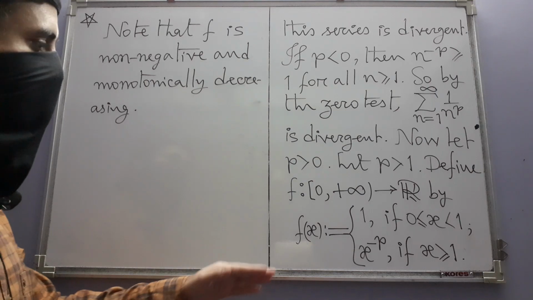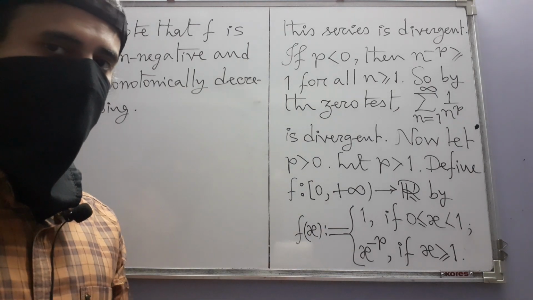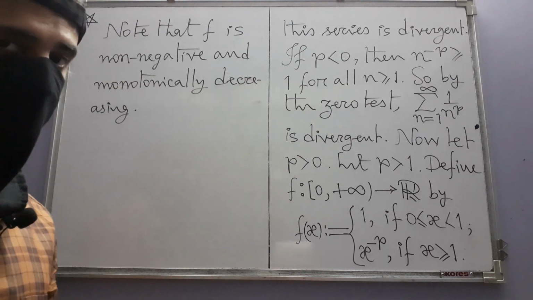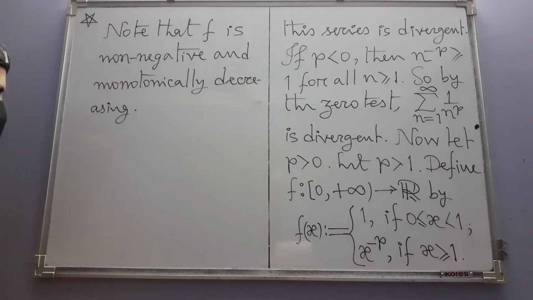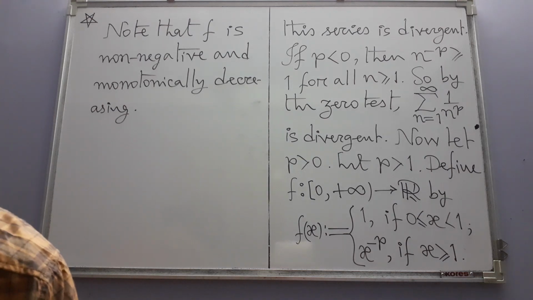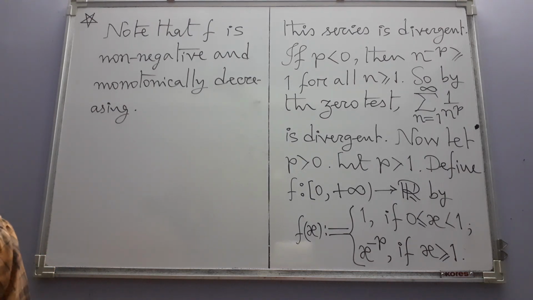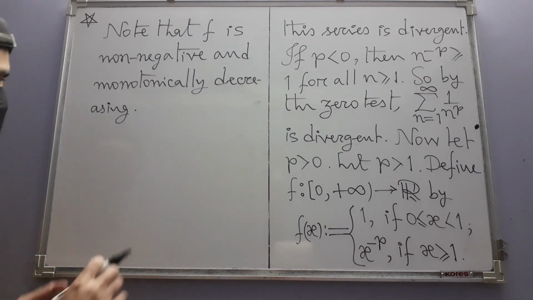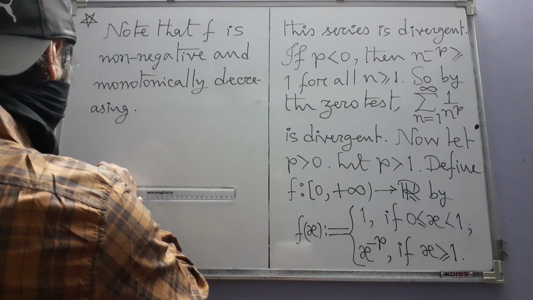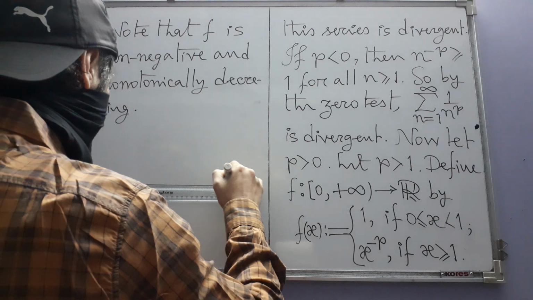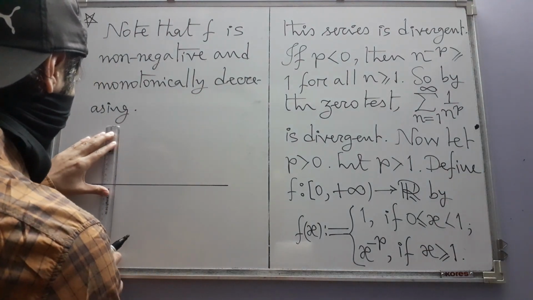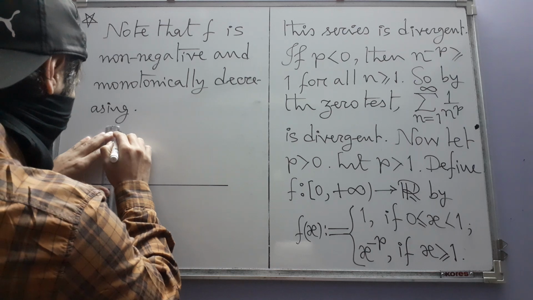And where are we getting this monotonically decreasing thing from? Well, if you think of the graph of this function, just roughly I am saying, let's just think of it. The graph of course is going to depend on what p really is, but still we can get a general idea of how the graph looks.